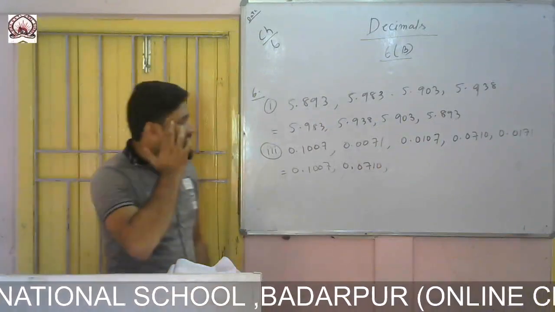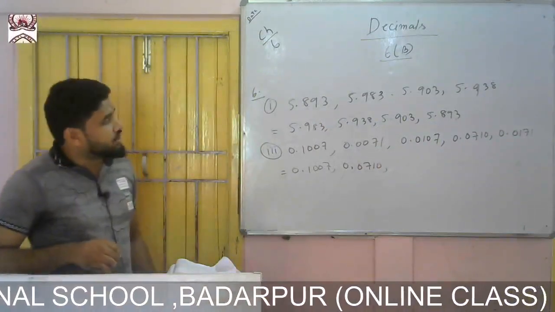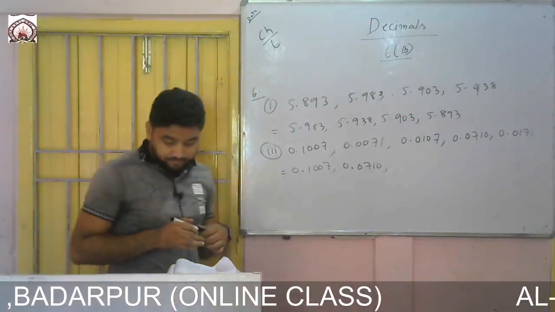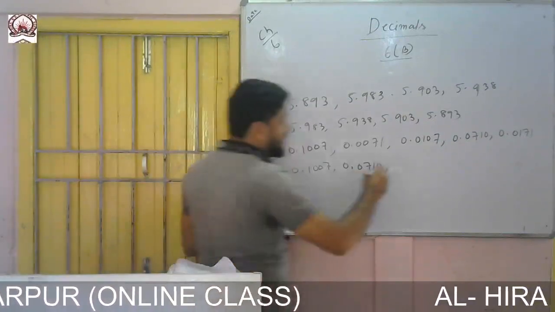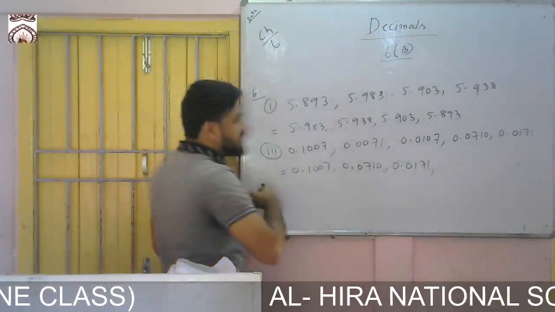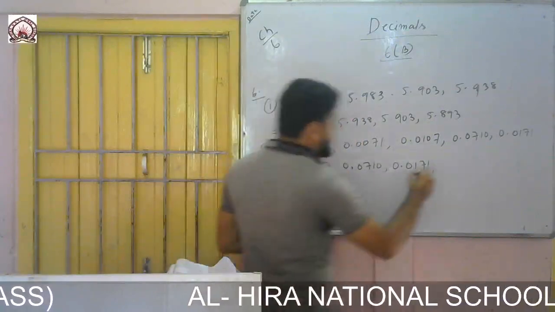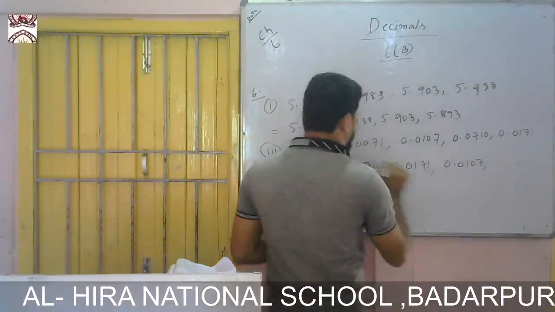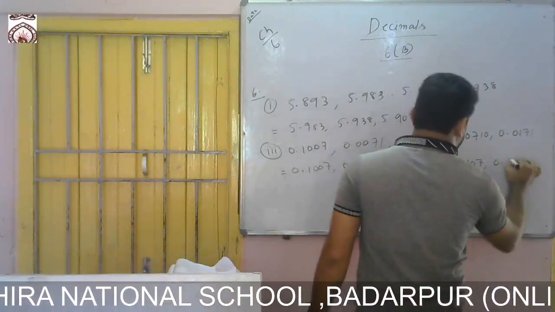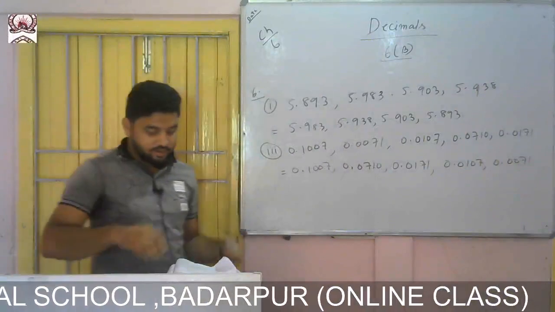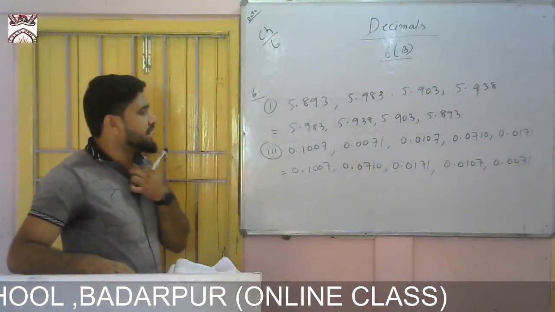Now after that it will come 0.0171. After this one it will come 0.0107. Then the last one, 0.0071.